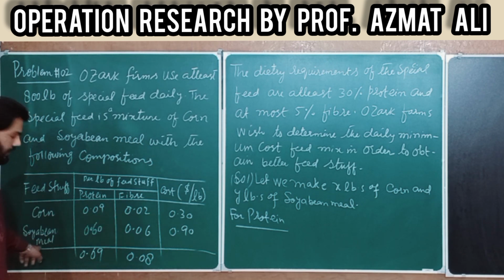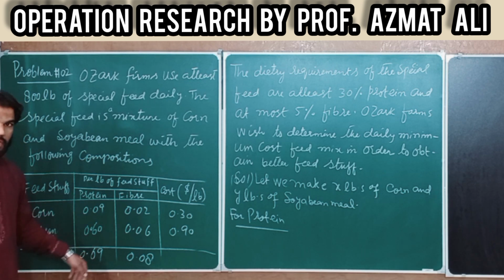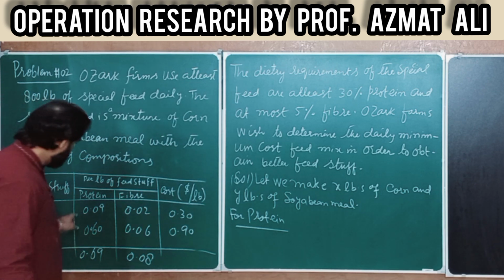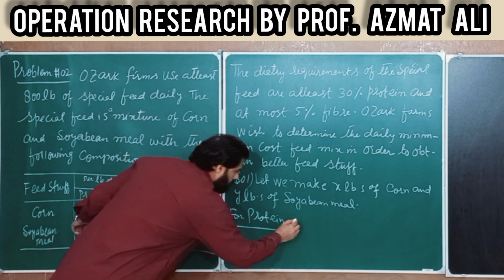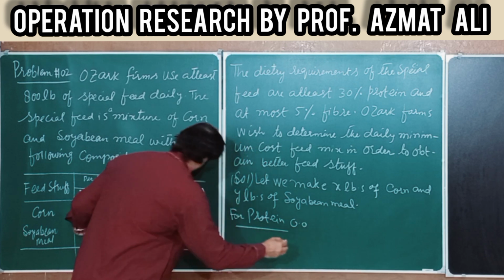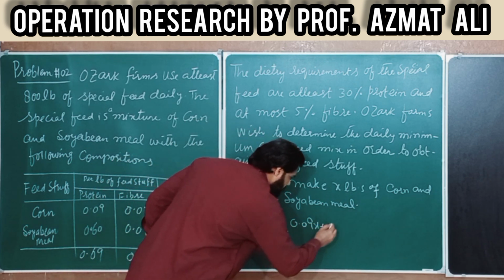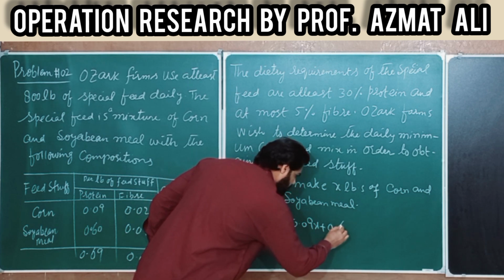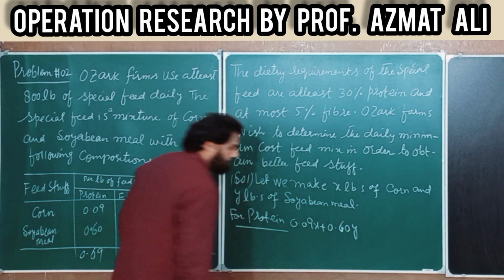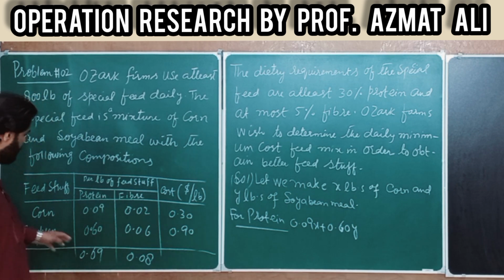In the similar way, when we make y pounds of soybean meal, then in that case the protein will be 0.60y. So the total protein in both meals is 0.09x plus 0.60y.